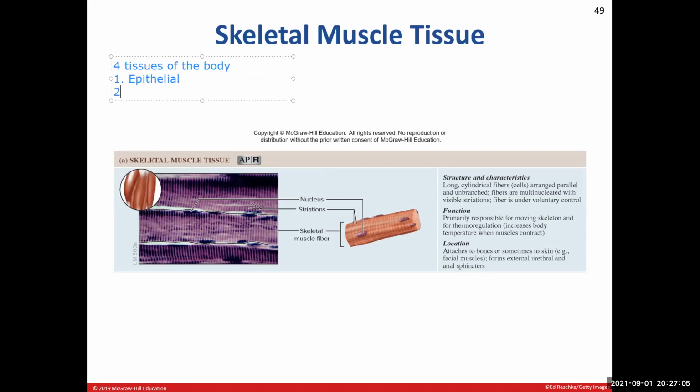We just did connective tissue last class. Today, we're going to talk about muscle and nervous tissue.